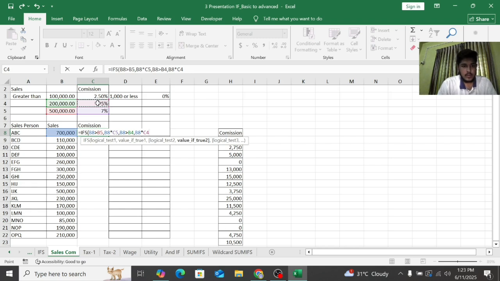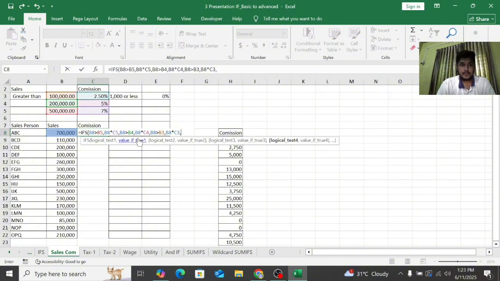Then if the sales is greater than 1 lakh, he gets 7 lakh into 2.5%.